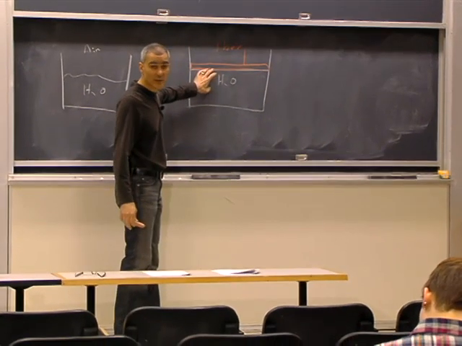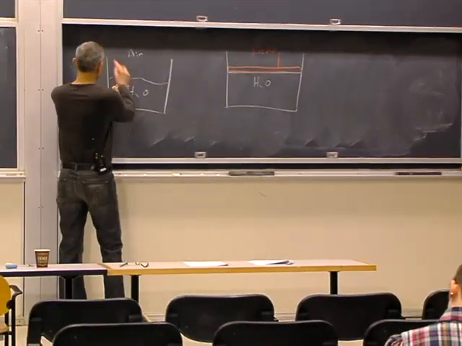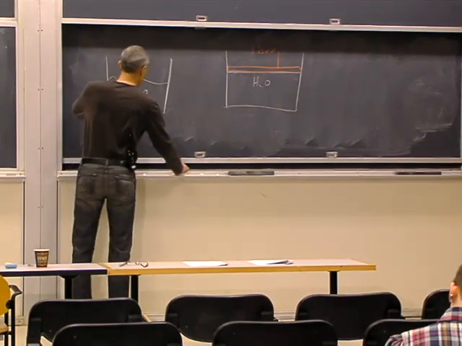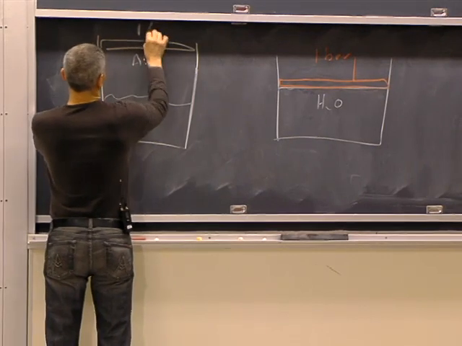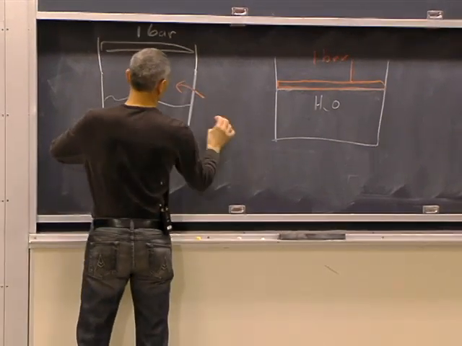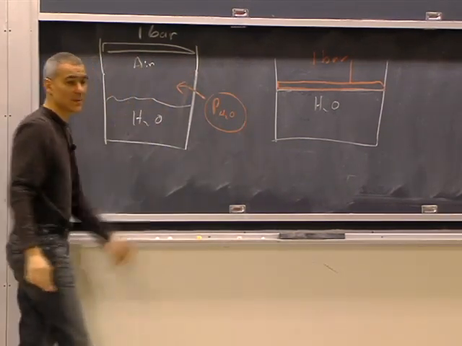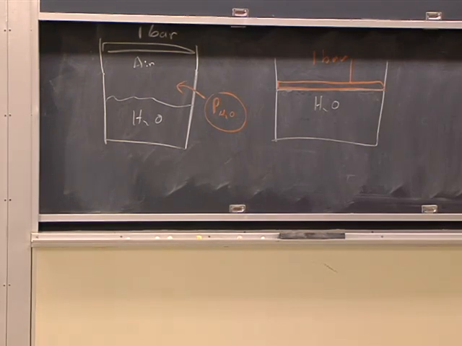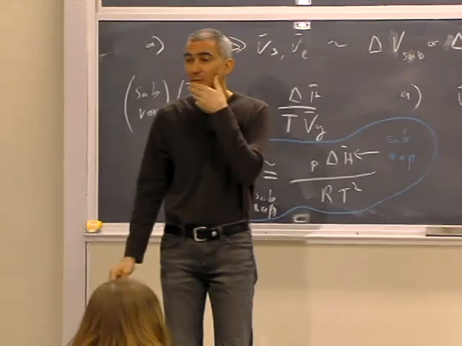So that's what we've been working on, this pure system. And now we're going to be working on this system here where we have air. There's a cylinder on top, 1 bar. And we want to know what is the vapor pressure of H2O in this system. Is it 0?